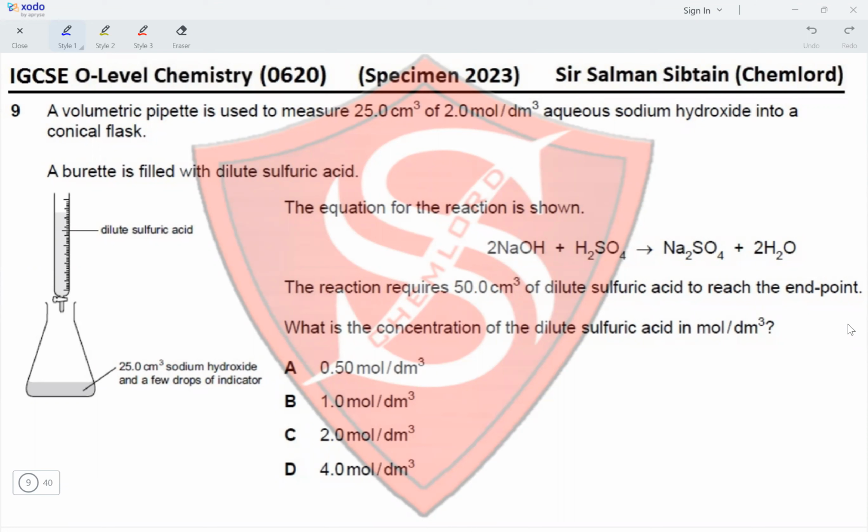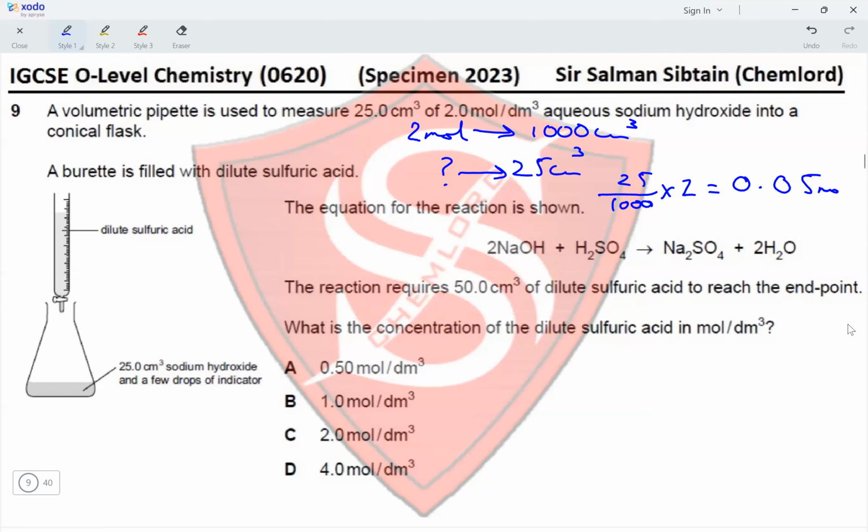So in order to calculate this, first we need to find out the moles of NaOH that were present. So we had 2 mole per dm cubed of NaOH. So 2 moles in 1000 cm cubed. How many moles would be present in 25 cm cubed? So this would become 25 upon 1000 into 2, which would give us a mole value of 0.05 moles.